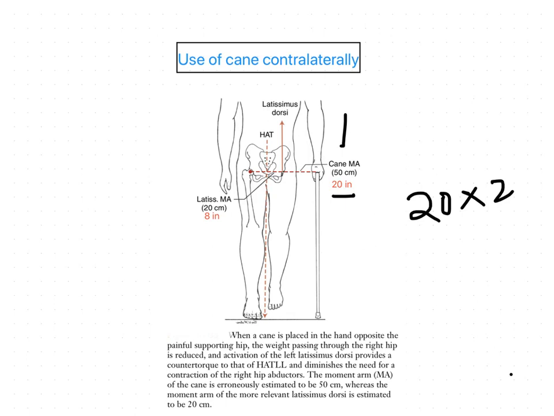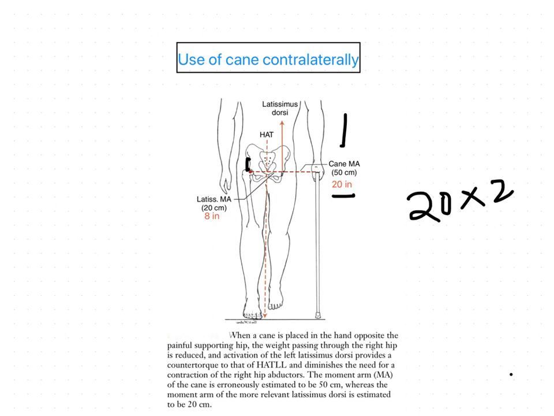Given the 2 inch moment arm of the abductor muscles, this still requires some abductor force, that is 300 inch lb divided by 2 inches. So we find 150 lb. 150 lb of contraction force would be needed for maintenance of the equilibrium of the pelvis.